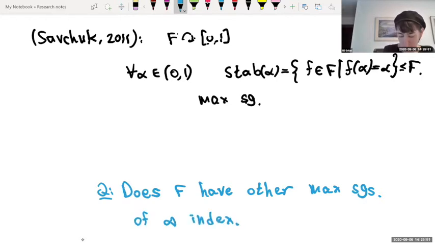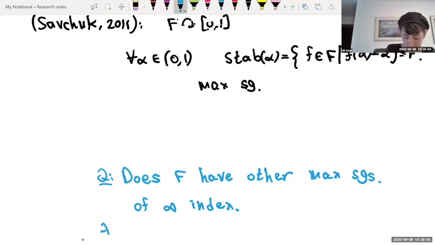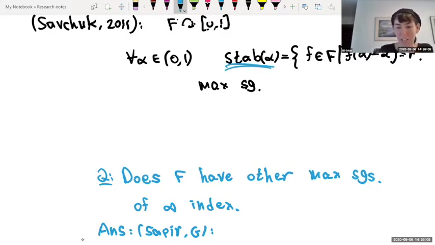Sapir and I gave an answer to that back in 2015, but before I give you the answer, I should also say that we have also studied these stabilizers of alpha, studied by Savchuk. In principle we have the stabilizers of every number in 0, 1, so we have continuum many different subgroups, but it turns out that up to isomorphism, there are only 3 isomorphism classes of groups here.